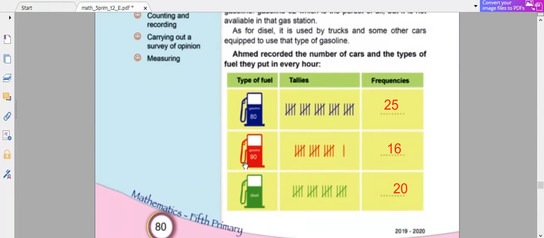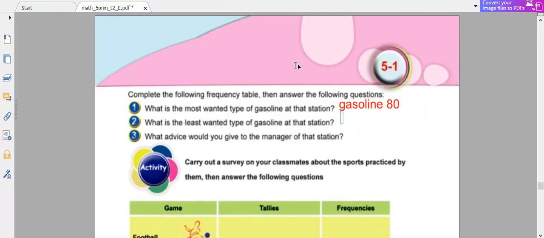The type of fuel, according to this 16, is gasoline 90. So the answer is gasoline 90. Let's write gasoline 90.